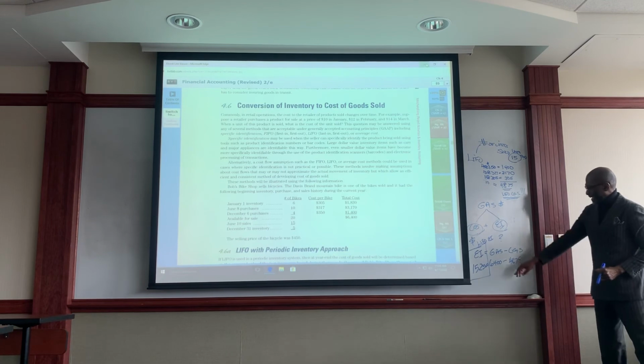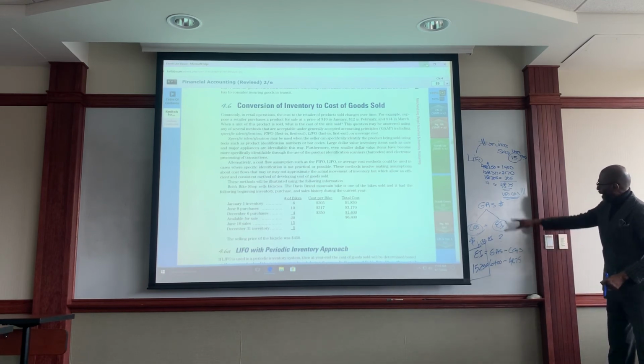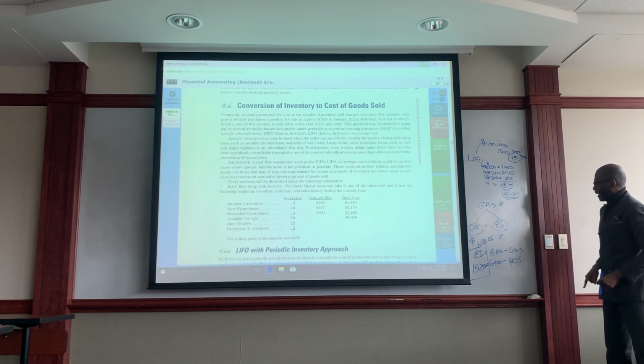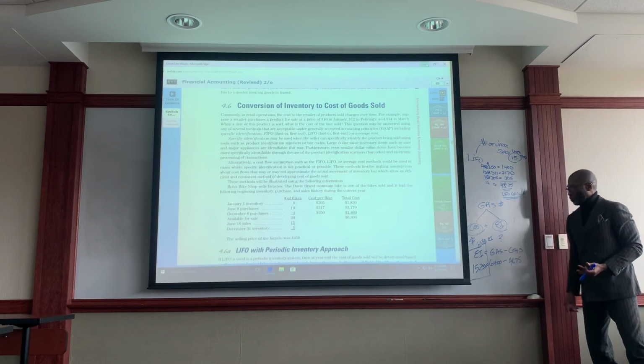All I'm doing is taking the 6,400 of goods available for sale minus the 4875 I previously calculated as LIFO cost of goods sold, and the difference is 1525.